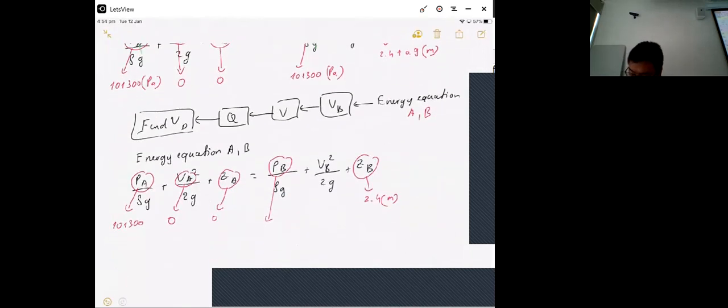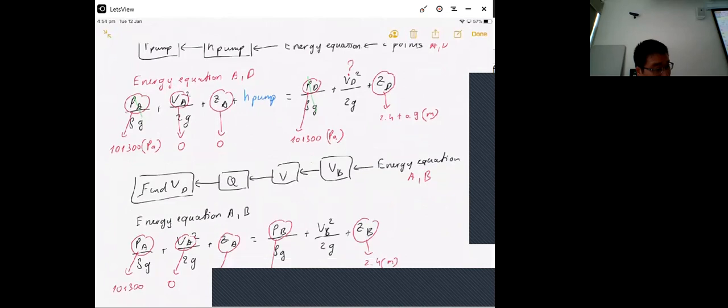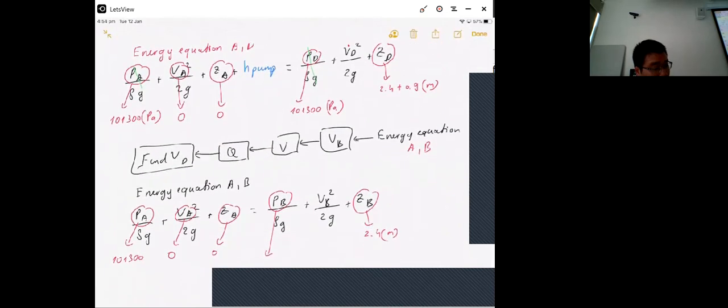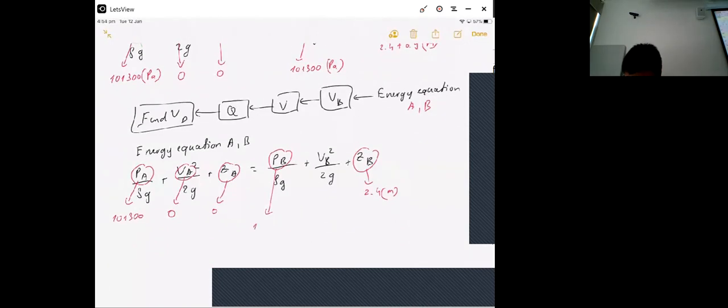So PB is 101300 minus 229,200 Pascal. This one is PB.